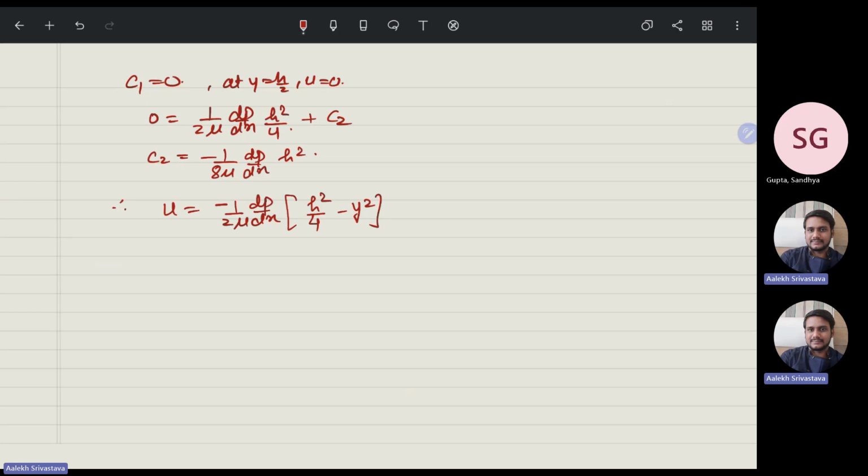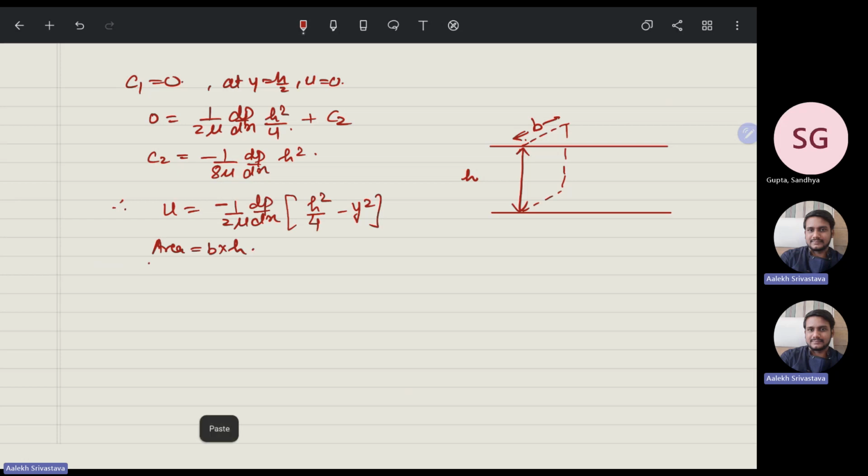We can find the volume flow rate. So suppose this is your channel, and this is your height h. And if I say the perpendicular to this direction is some quantity b, what is the area that is flowing? Area is equal to b into h. Now what is the total volume flow rate? Total volume flow rate is u into b into h.